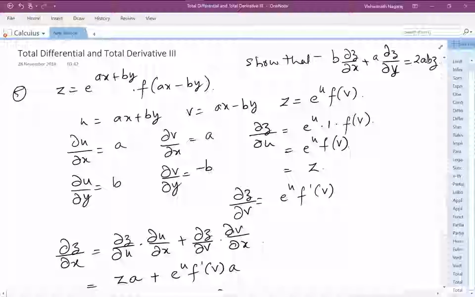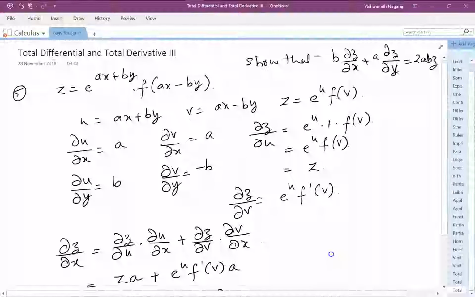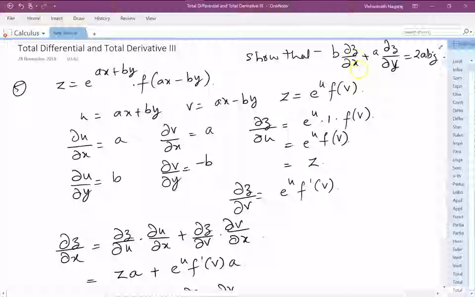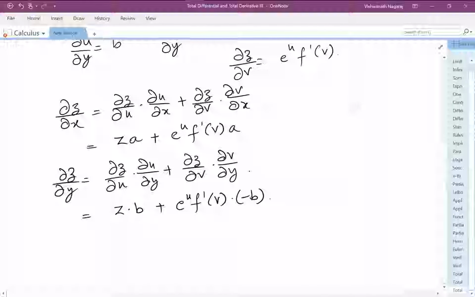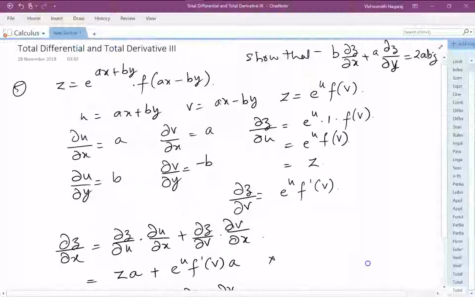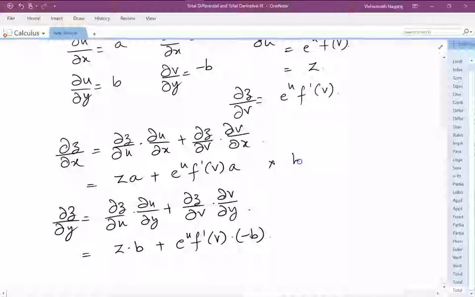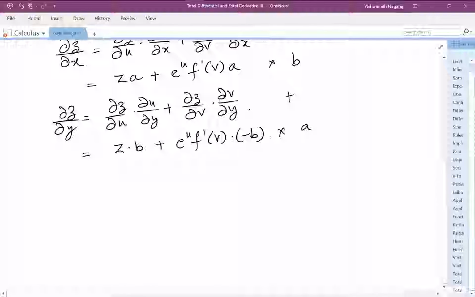Now we already have dou z by dou x and dou z by dou y, so we multiply this by b, this by a, add it, simplify it and see whether we arrive at 2abz.